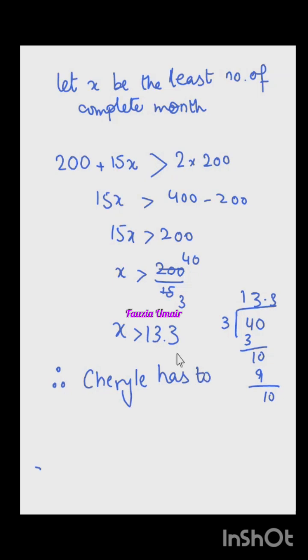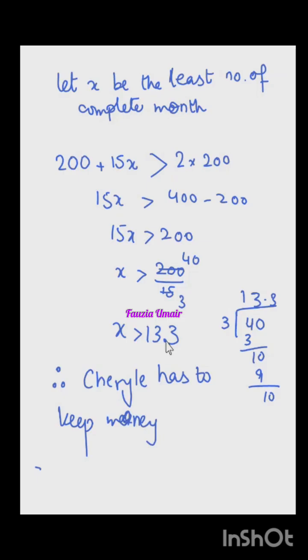Then you need to think, okay, in 13.3 months, the money is more than 400. So how many months does she need to keep the money inside the bank? 13 months or 14 months? 14 months? Why? Because 13.3, like the point 3 isn't a complete month.